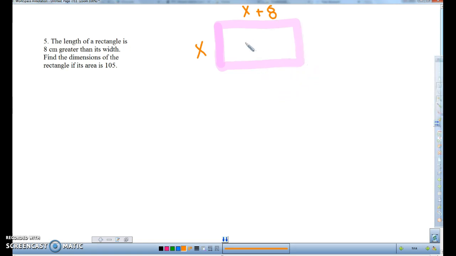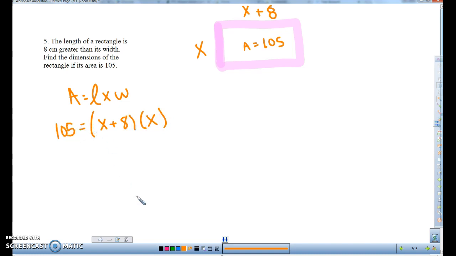And I know the area is 105. So we know the area is length times width. So I'm going to multiply those together. x plus 8 times x, and that's going to equal 105. Well, this lonesome x kind of works like the distributive property.